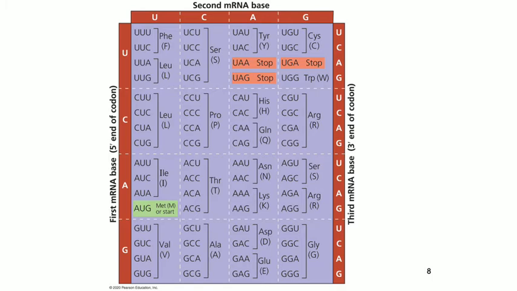As you can see, there are several different codons that code for proline and most of the amino acids except for methionine and tryptophan.